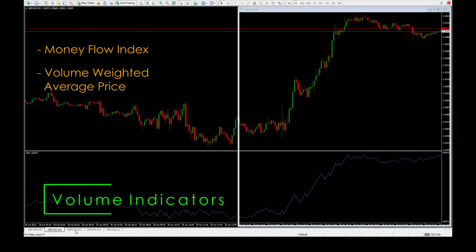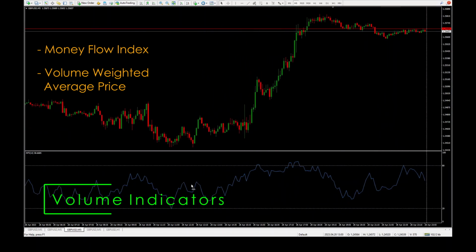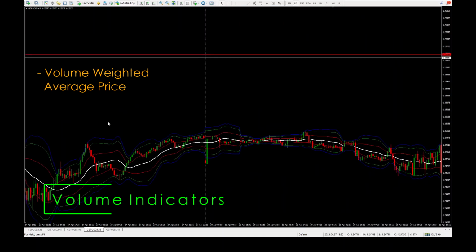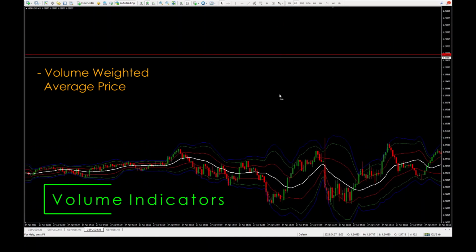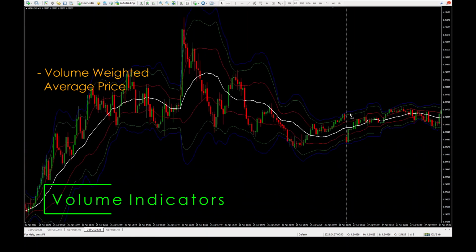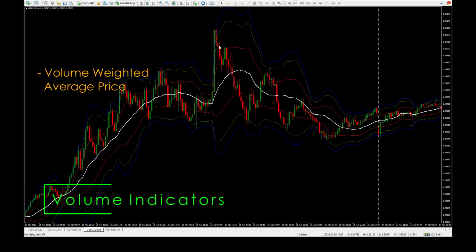The CMF uses both price and volume data to measure the strength of buying or selling pressure in the market. The VWAP calculates the average price of a security based on its trading volume, and can be used as a benchmark for traders to evaluate their trades.